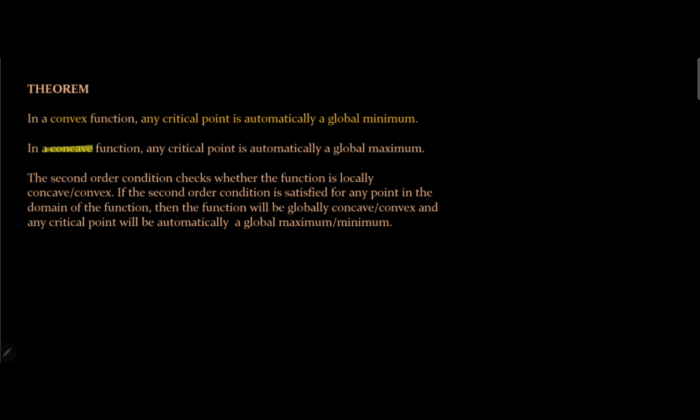And in a concave function, any critical point is automatically a global maximum, because the second order condition is the one that proves that the function has that particular shape.